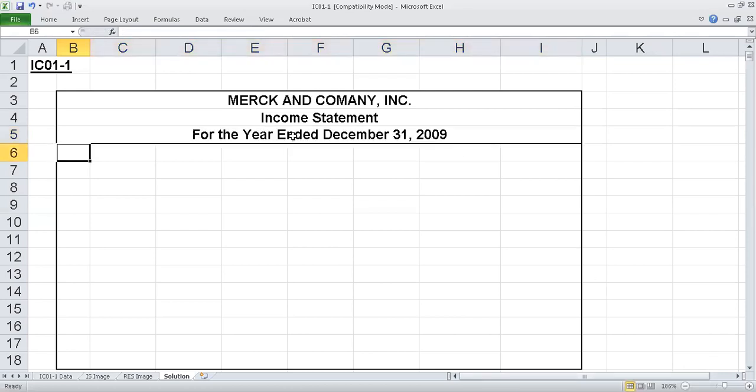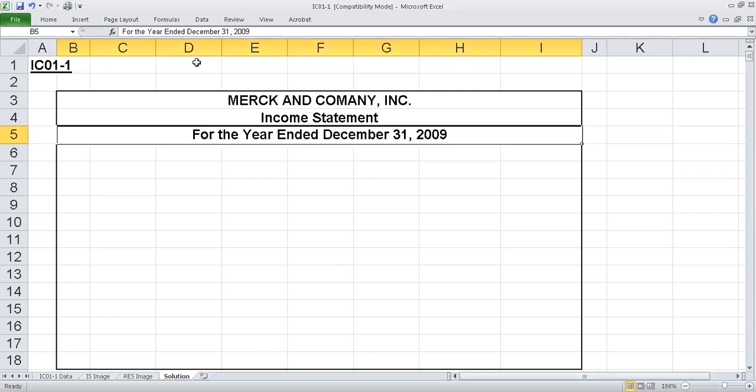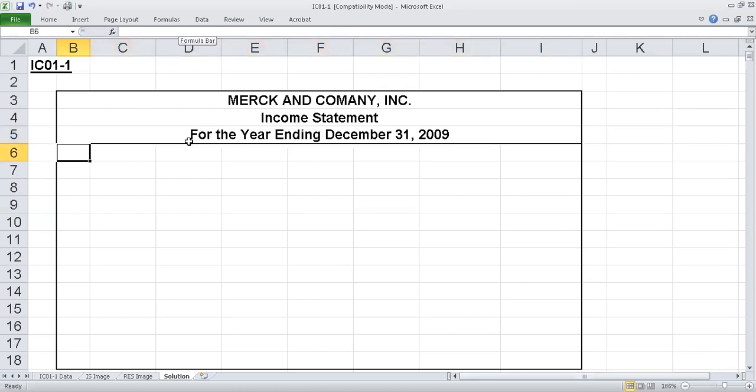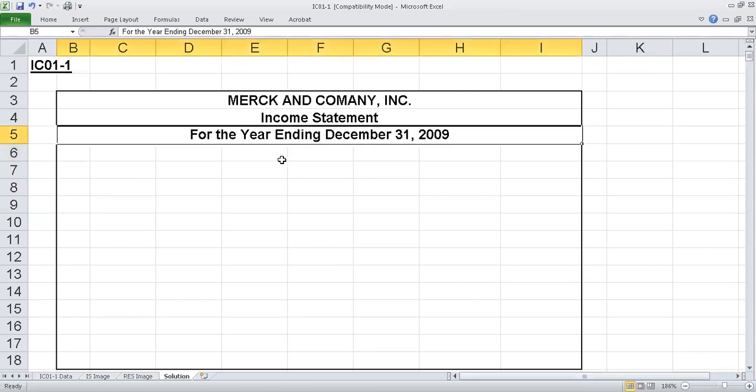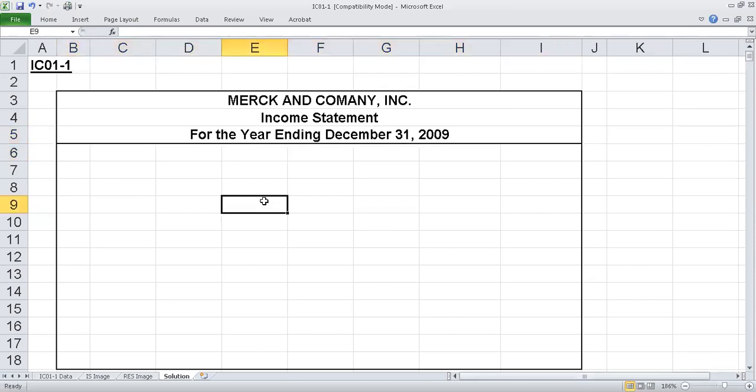Now we can say for the year ended, we can say for the year ending, either way, 6 of one, half dozen of the other, whichever you prefer. Okay. So that is our header.